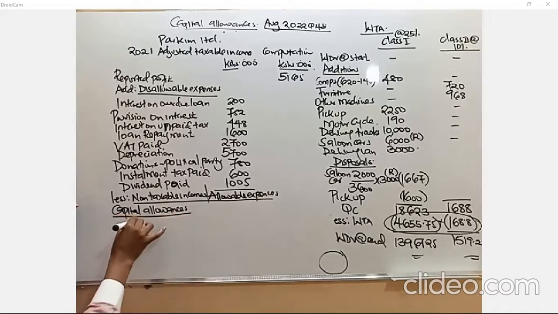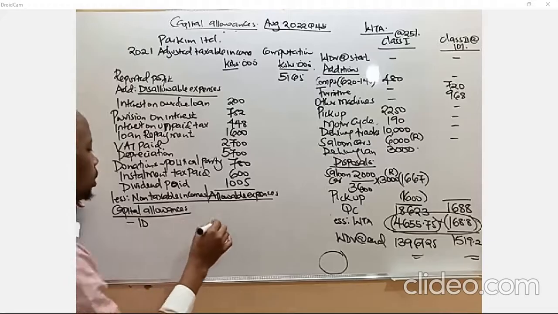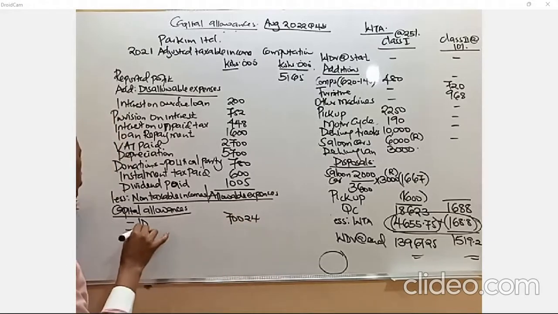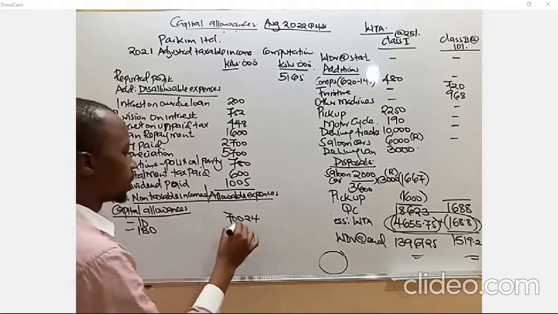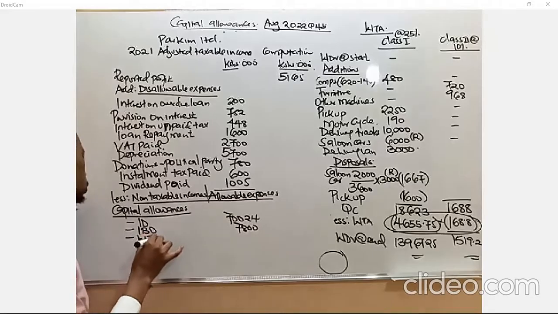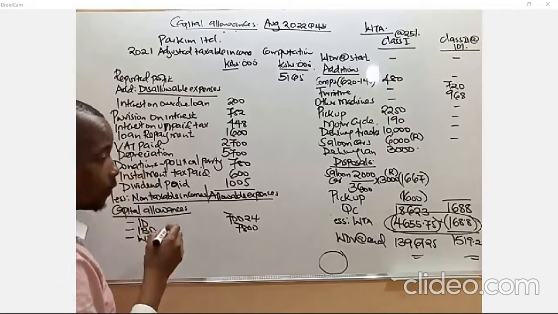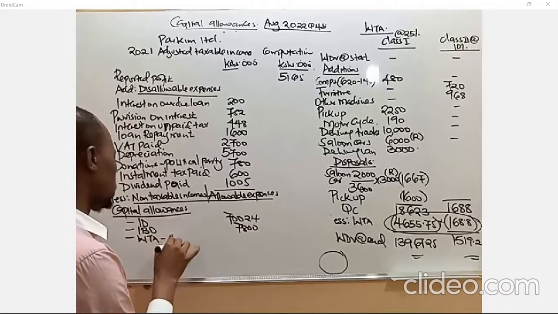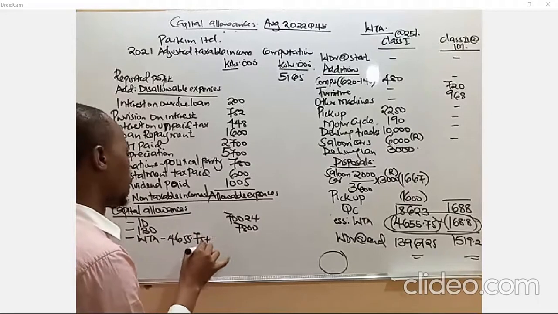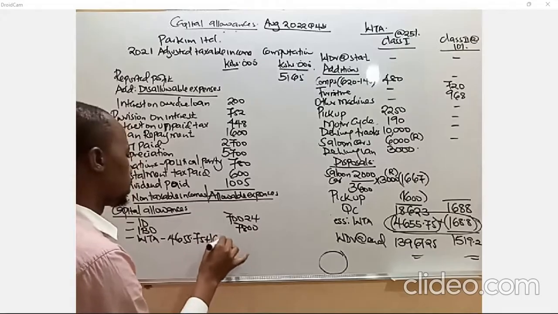And you are able to calculate your IB. You got 70,024. You have things like IBD. Total, you are able to get 7,800. Then we have WTA, which you are able to get. For class 1, it was 46,55.75 plus 168.8.